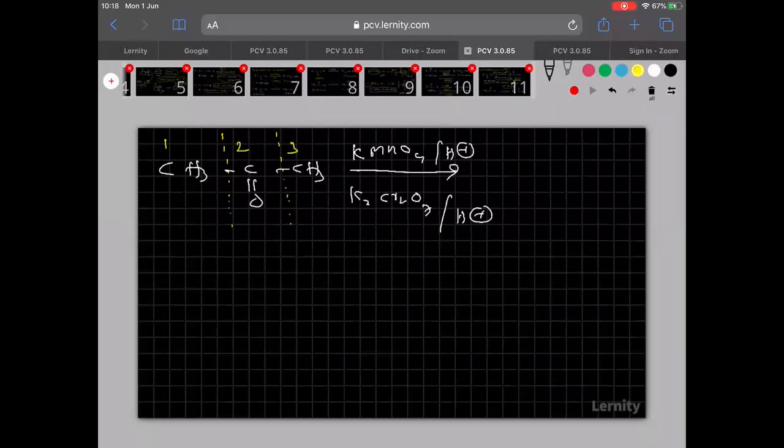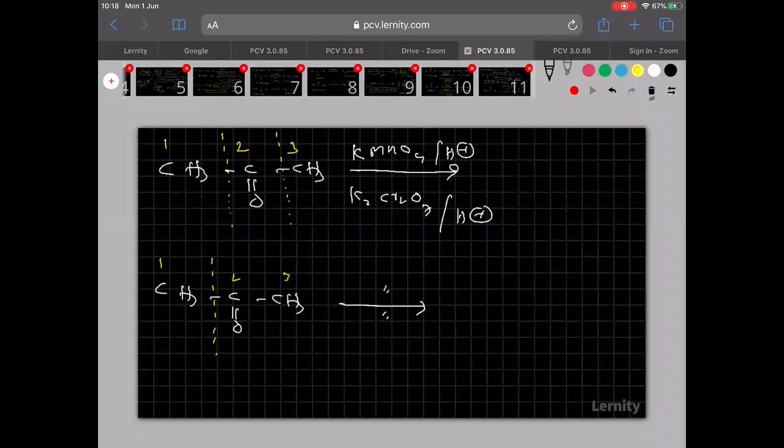Both chances are there. So let us see what happens if 1 and 2 is broken. CH3-CO-CH3 with KMnO4.